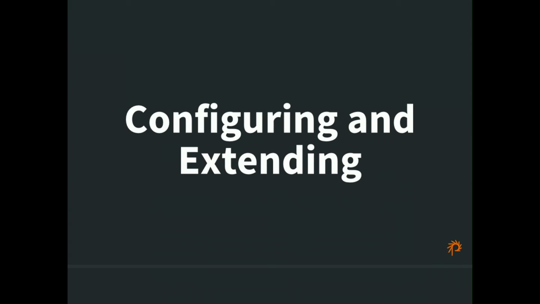I do want to talk a little bit about configuration and extending because, like I've said, we try to provide sensible defaults, but are very aware that there are lots of good reasons to change or adapt your workflow.